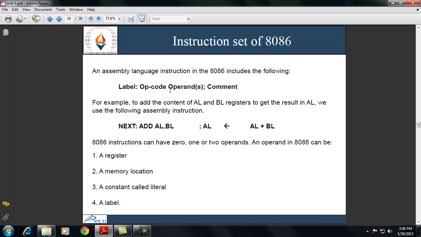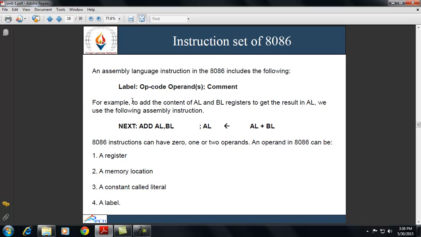Opcode means the operation you want to perform, like add, subtract, multiply, divide. Operands can be registers, memory locations, a constant value, or a label. And comments are given to make the coding more readable.